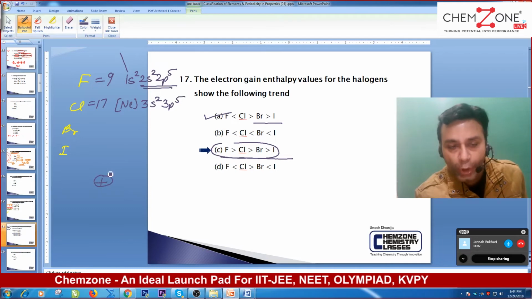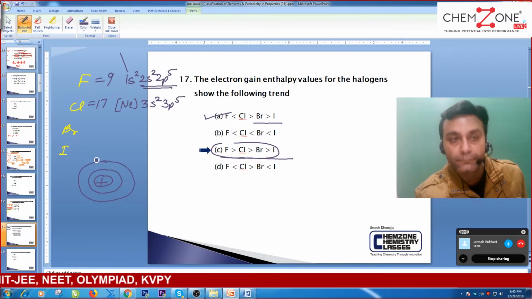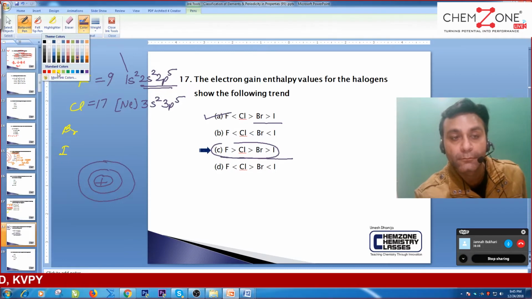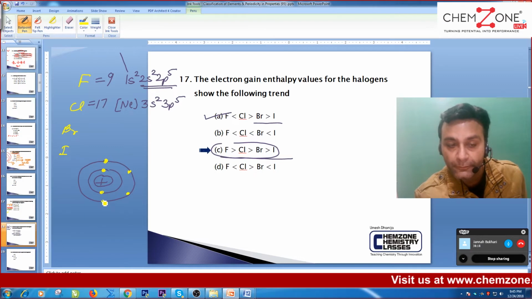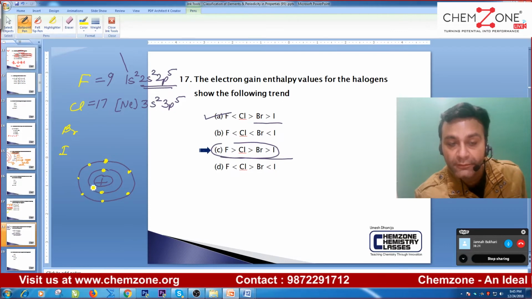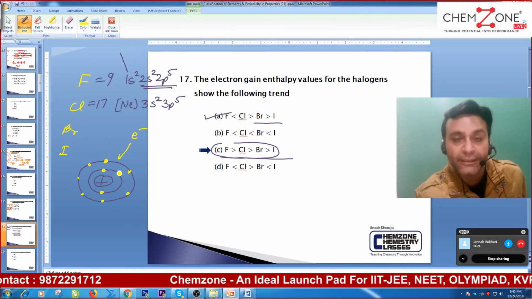In the second shell, how many electrons can be accommodated easily? Isn't it 8? In the first shell 2, and second shell maximum electrons can be 8. 1, 2, 3, 4, 5, 6, and 7, right? It means only one incoming electron can be adjusted easily.